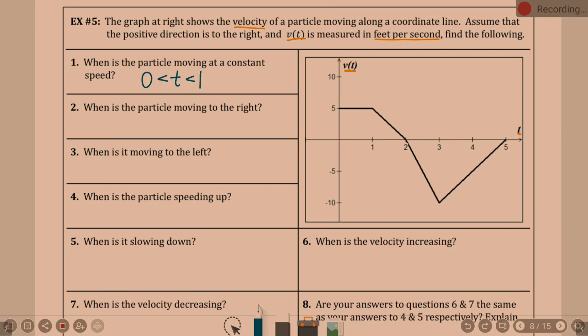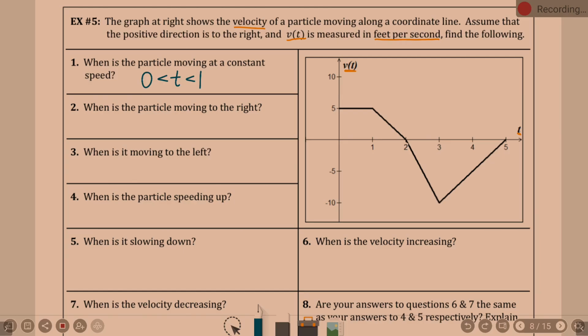When is the particle moving to the right? 0 to 2. I agree. Why? Because the velocity is positive.